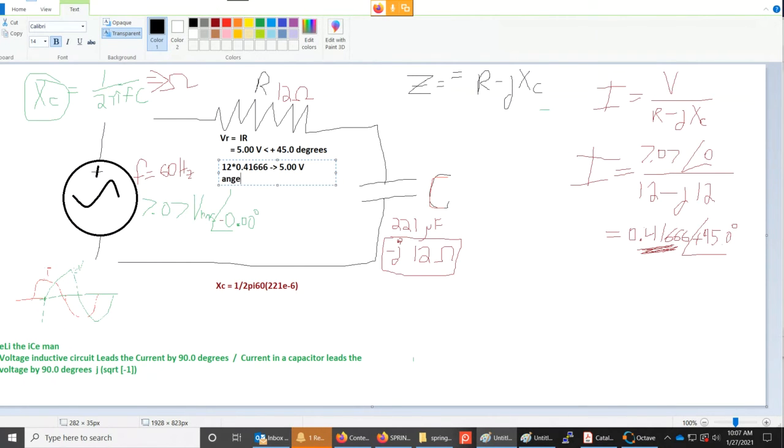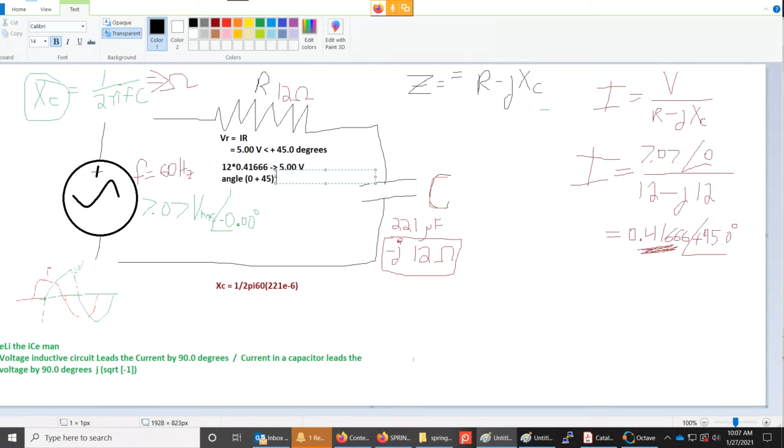Remember, the angle is 0 plus 45 degrees, because the resistance has no angle, so that's why I have a 0 there.